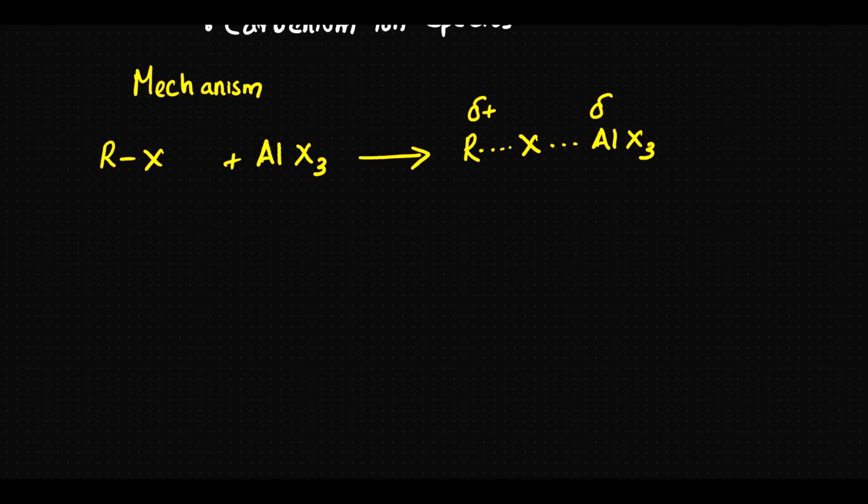This can act as an electrophilic agent. Or, in the case where the R group can form a stable carbenium ion like a tertiary butyl cation, it may also act as an electrophile.